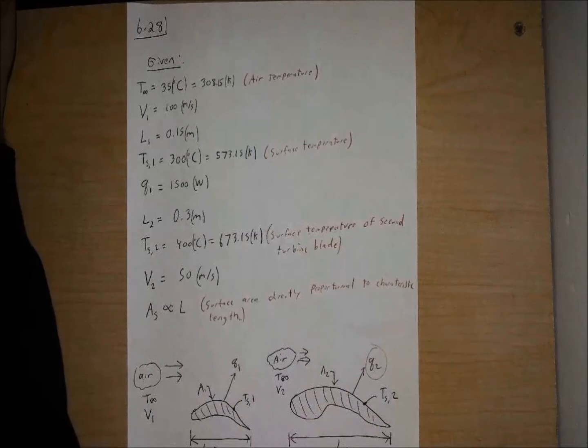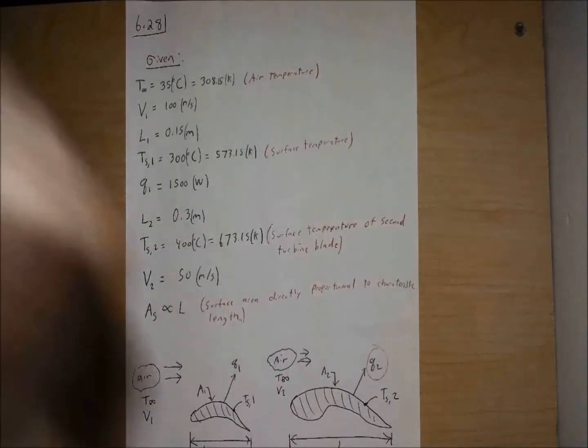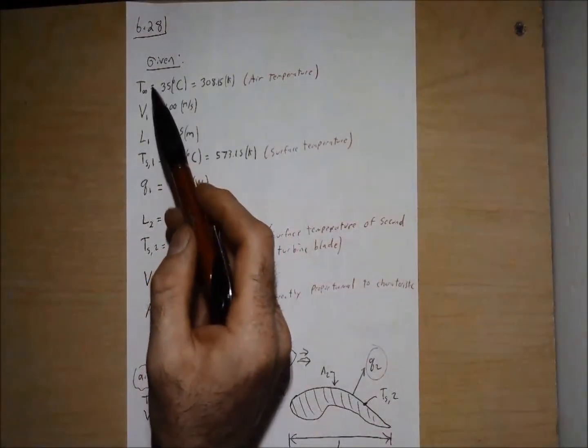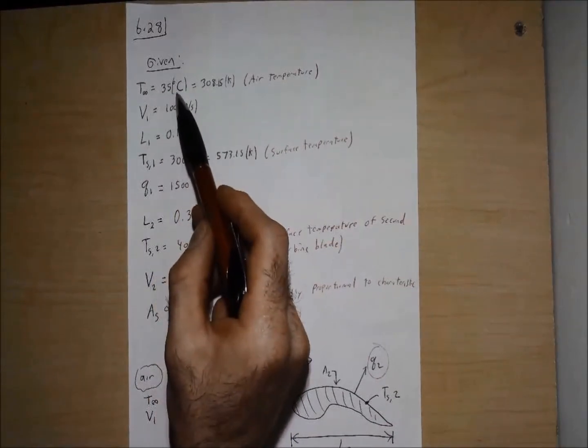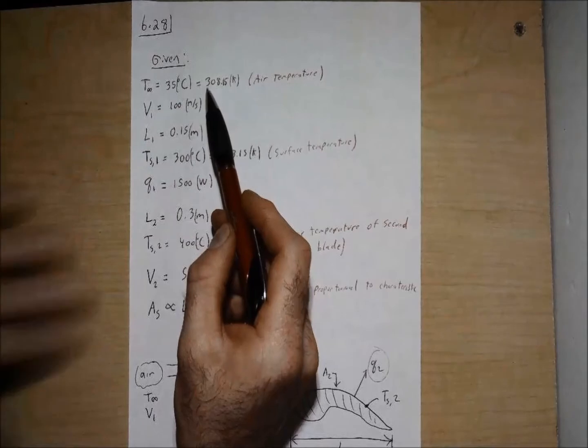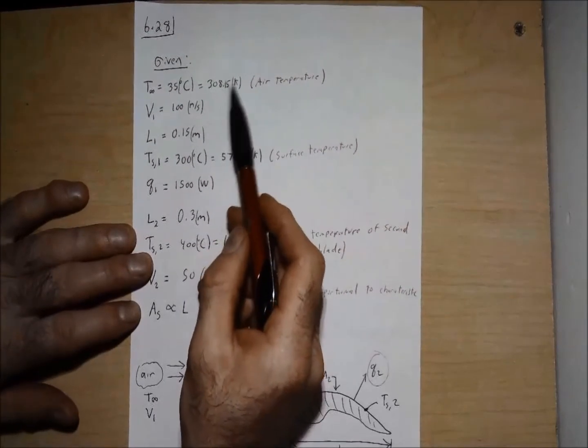Now that we've read through the problem statement for 6.28, what we can do next is write out all the variables, values, units, and how they apply to our problem. That's what we've done here in our given section. We know we have air temperature T sub infinity equal to 35 degrees Celsius, and I've converted this to Kelvin here, 308.15 Kelvin.